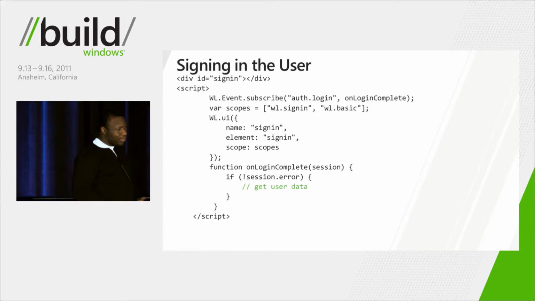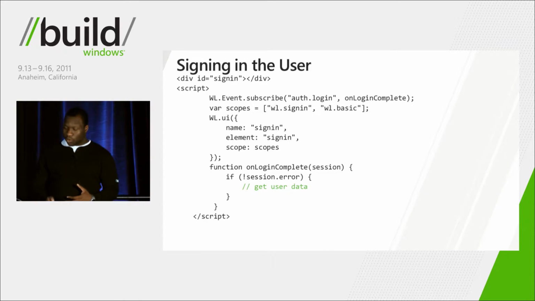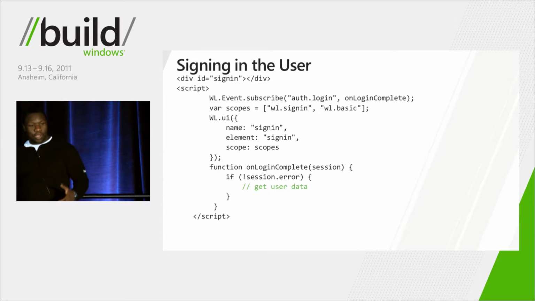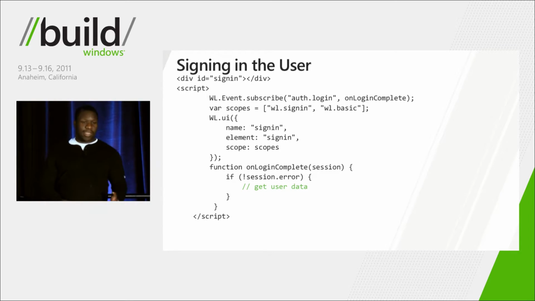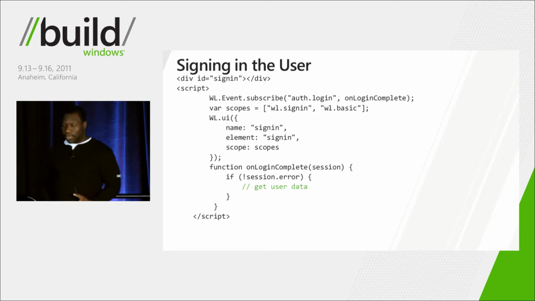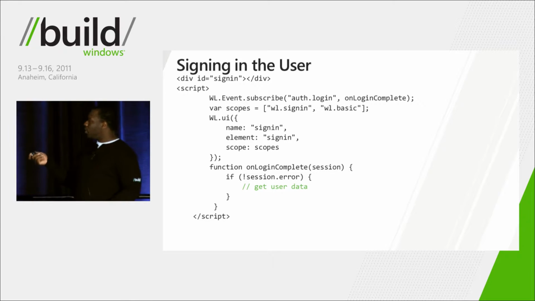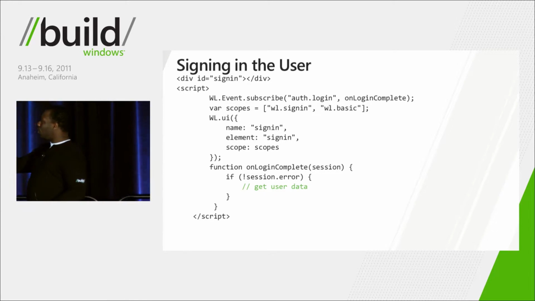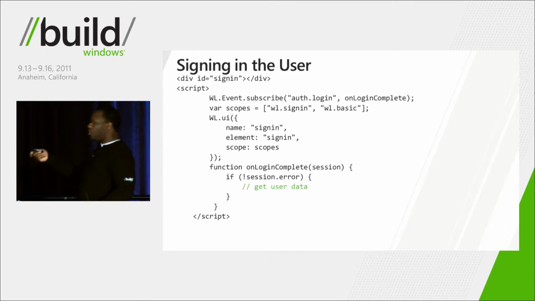Once the user clicks on the sign-in button, as I did on the web, they go through the OAuth-based standards permissioning flow. They click yes. Once that's done, the onLogin complete function is invoked because the event is now completed, and the application is given a session object.